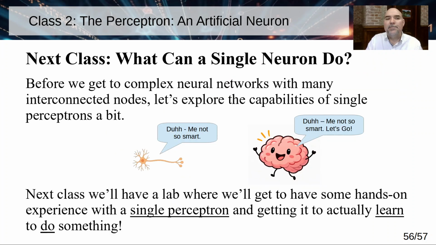So next class, we're going to take a single perceptron, a very simple single neuron. We're going to put it into a simulated environment and have it be the brain that drives a robot and see if it can learn to drive that robot. So that's going to be pretty fun. And you guys are going to get to experiment with that and play with that and have your first lab.